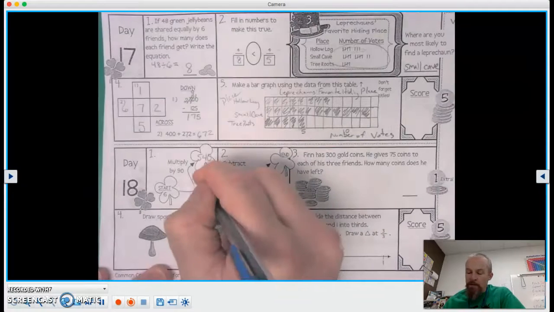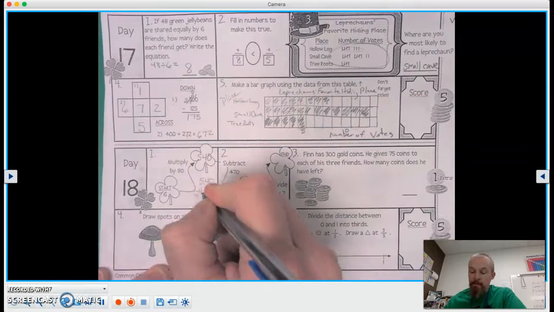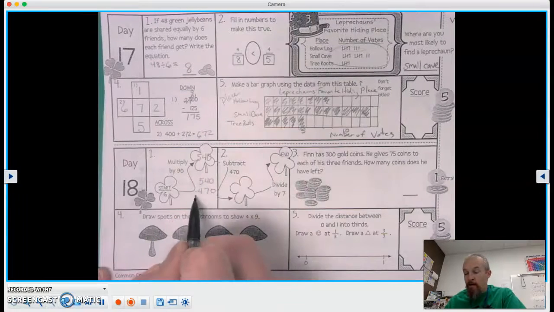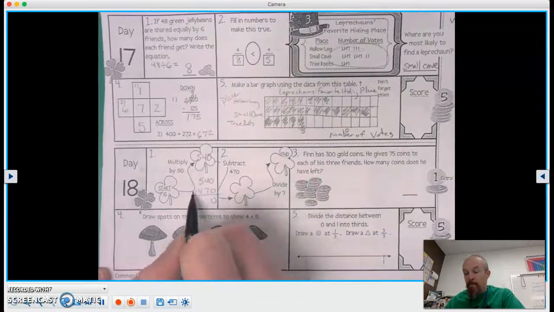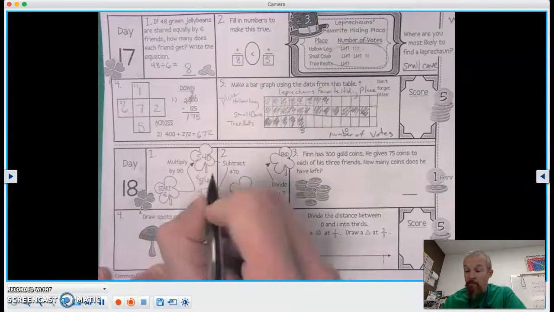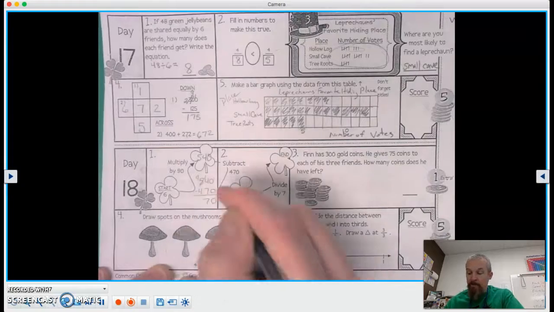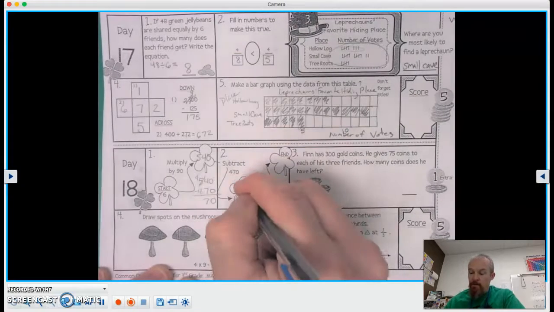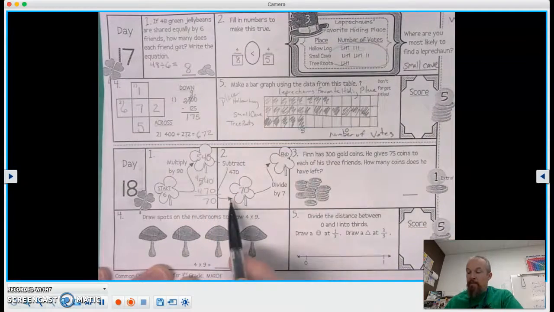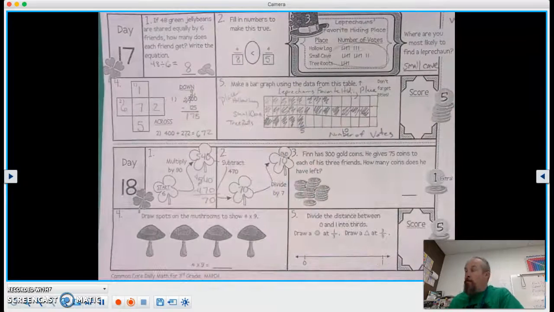But if we don't know, let's go 540 minus 470, okay? 0 minus 0 is 0. 4 minus 7, we have to borrow from next door. 14 minus 7 is 7. Okay, so here we are, 70. 70 divided by 7 is 10. All right, there we go.